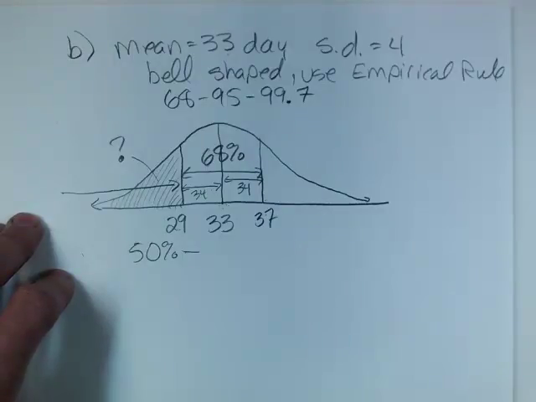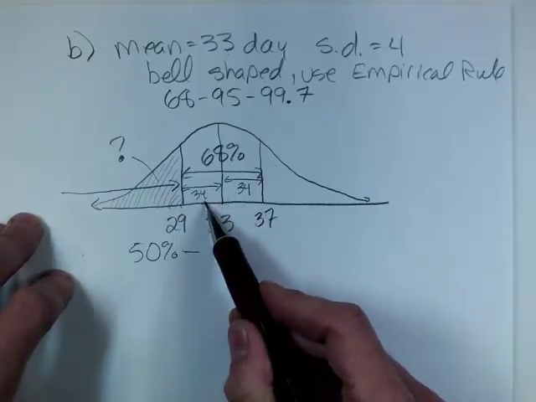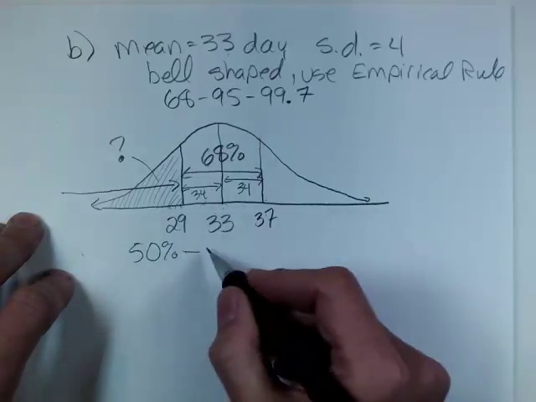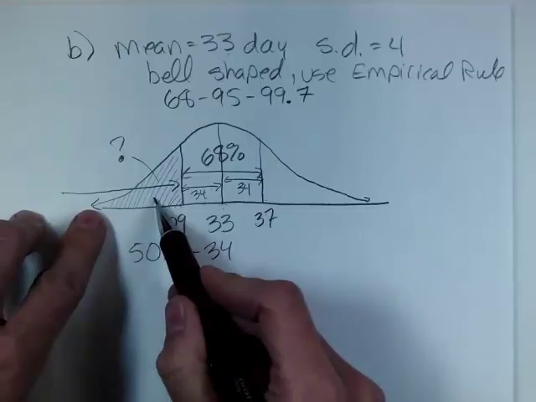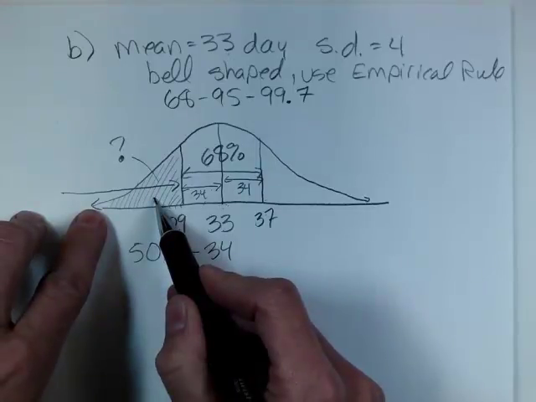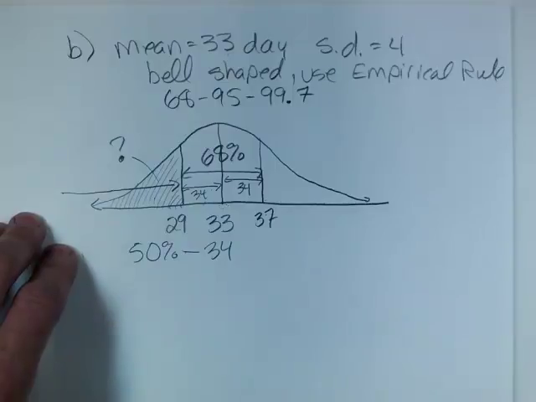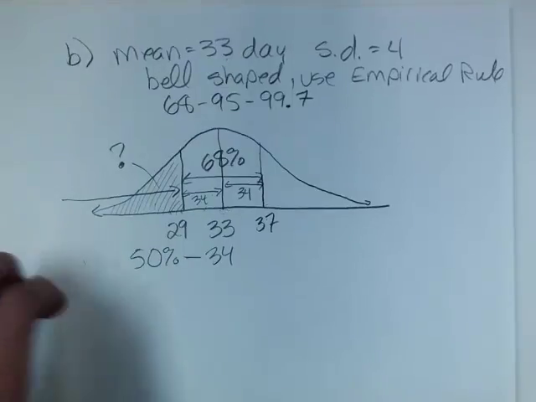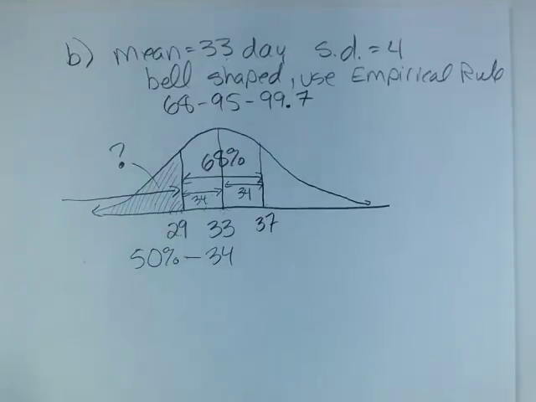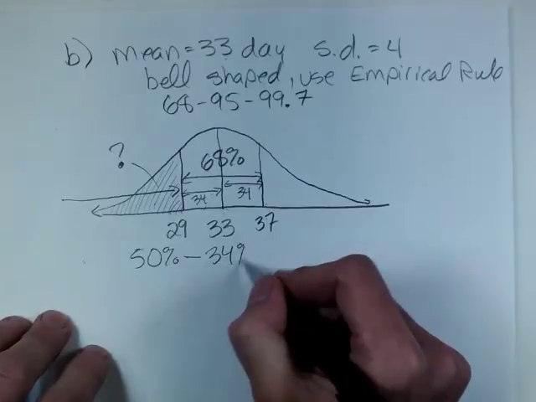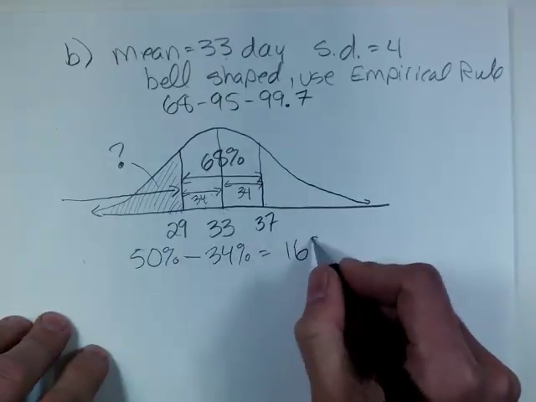What don't I want here? The 34%. Do you see that that will give me the shaded portion? So I've used the empirical rule, but I've had to manipulate it. Instead of reading from the center out, I'm reading from the left up to the point in question. So that's going to be equal to 16%.